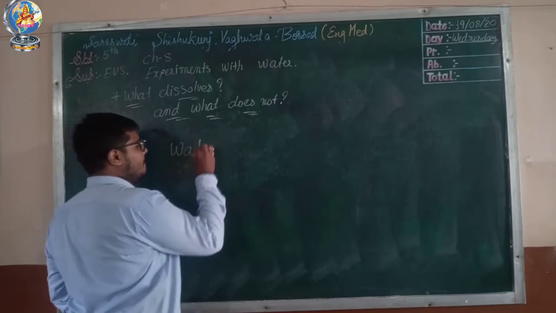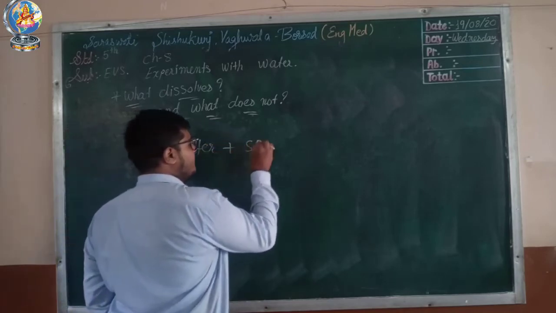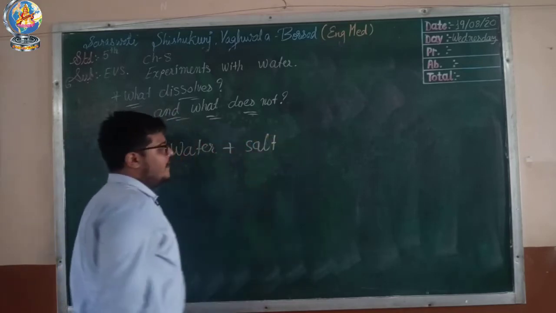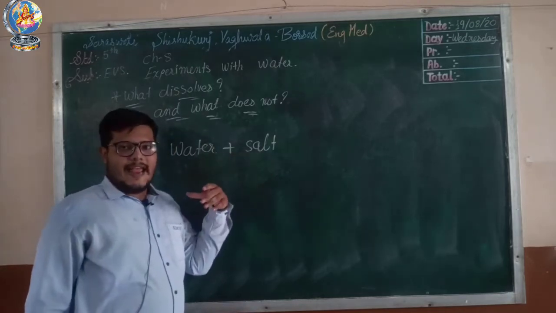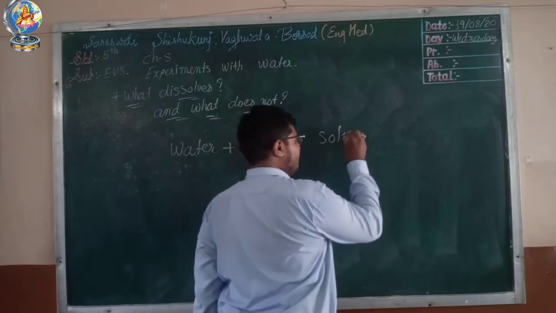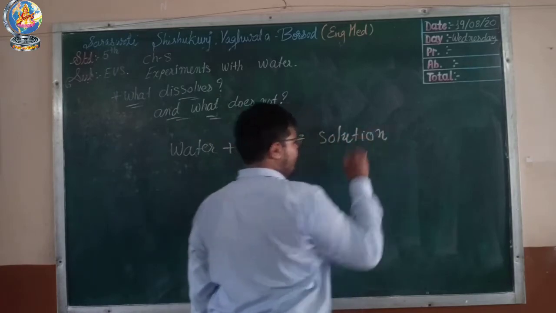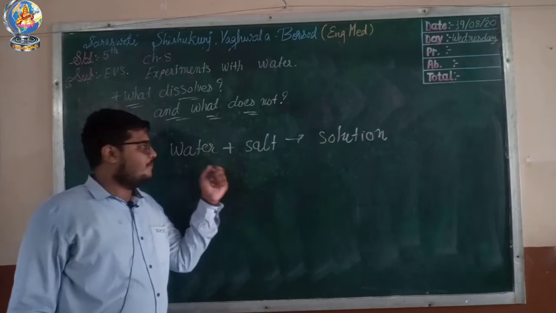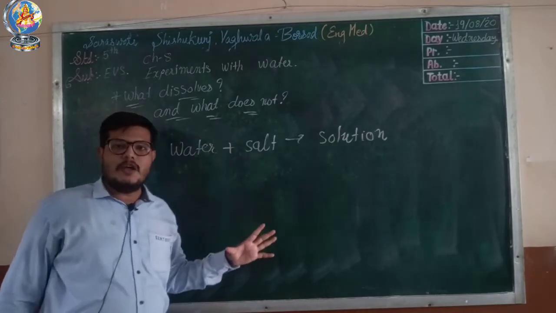See here, water and salt. When water and salt are added, the salt will dissolve and make a solution. Now here we have two kinds of substances. The first one is a liquid, the second one is a solid.